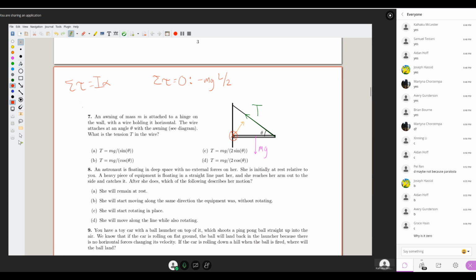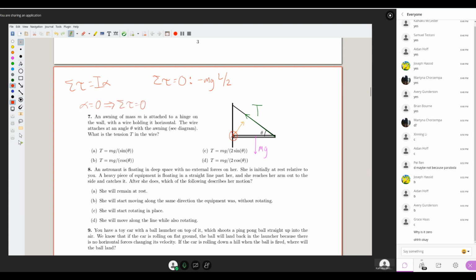If it's not moving, alpha equals 0, and that implies that the sum of the torques equals 0. So minus mgl over 2, that's the torque from gravity. The torque from tension is going to be plus TL sine theta. That's the angle between them.